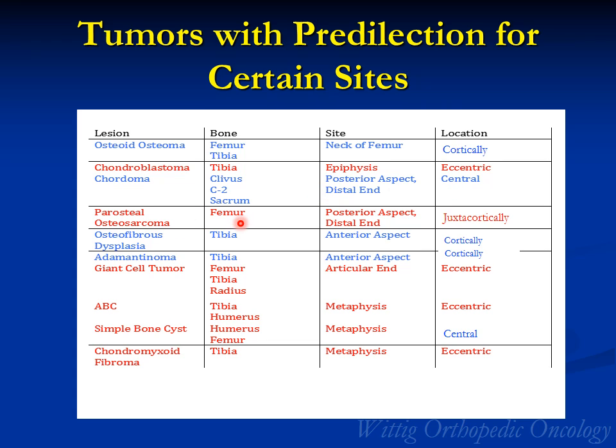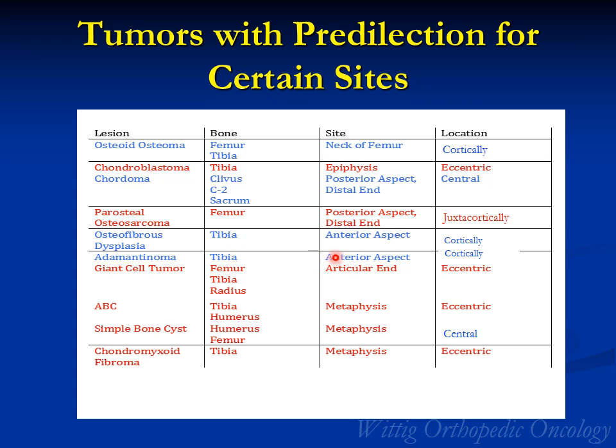Periosteal osteosarcoma most commonly arises in the femur along the posterior aspect of the distal end, and is usually very eccentric. Osteofibrous dysplasia almost always arises from the tibia along its anterior aspect, and it's cortically based. Adamantinoma almost exclusively arises in the tibia along its anterior aspect.